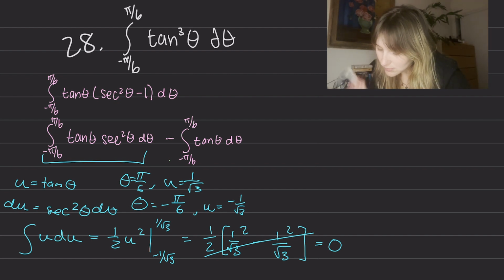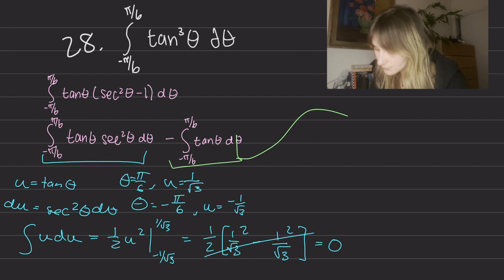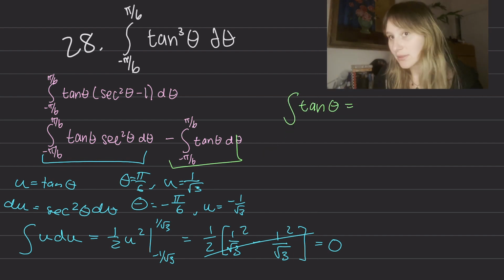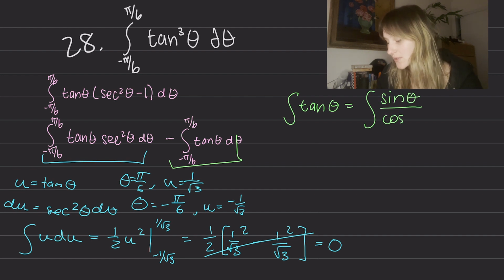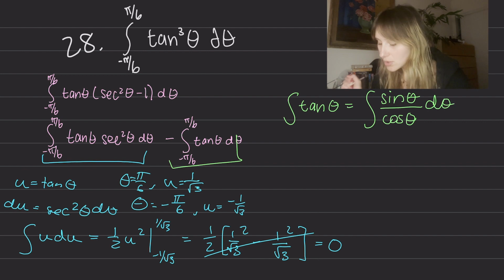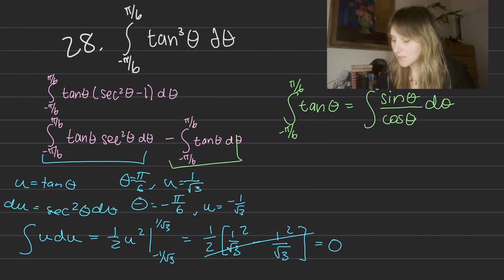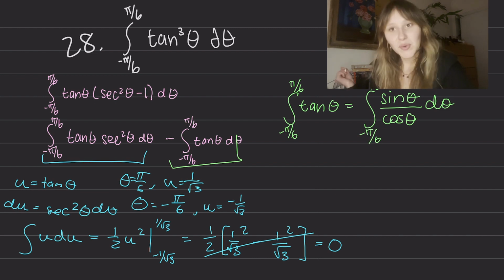So next we're going to do this one. Usually when we're doing the tangent integral, we're going to have to do it in terms of sine and cosine, baby. So obviously we're going to have to do it with these endpoints. I shouldn't be calling them limits because they're not limits, but endpoints.